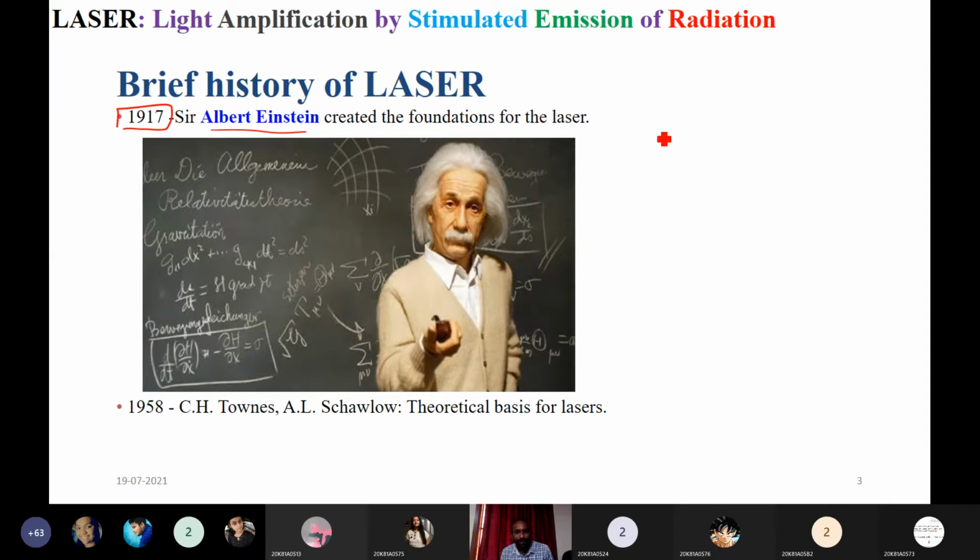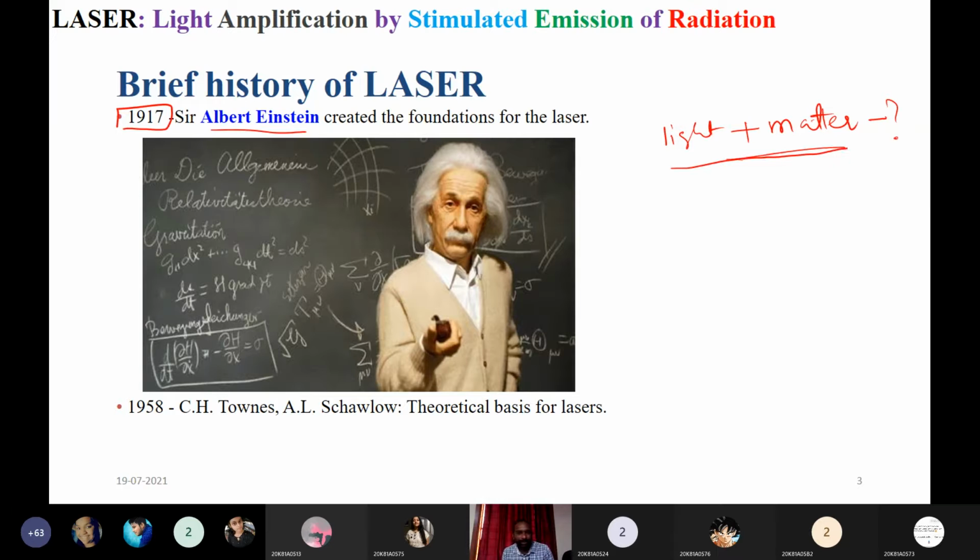What he did: when light interacts with matter, what happens? What processes are there, and what type of things take place there? That he proposed, and we will discuss it in today's class only. This is the main foundation for producing the laser beam, the interaction of light with matter.